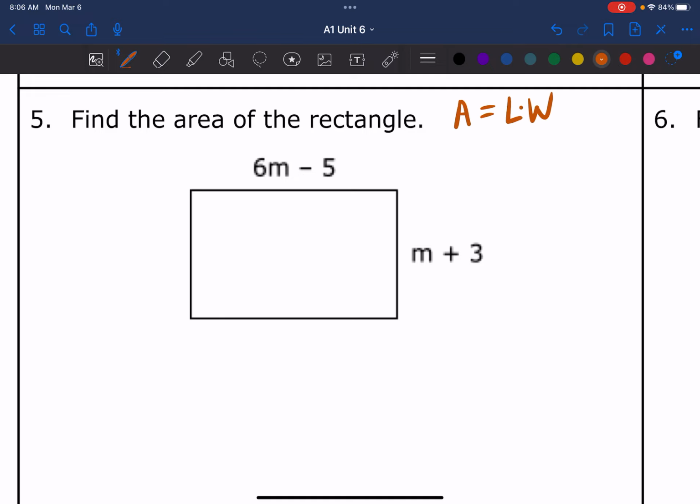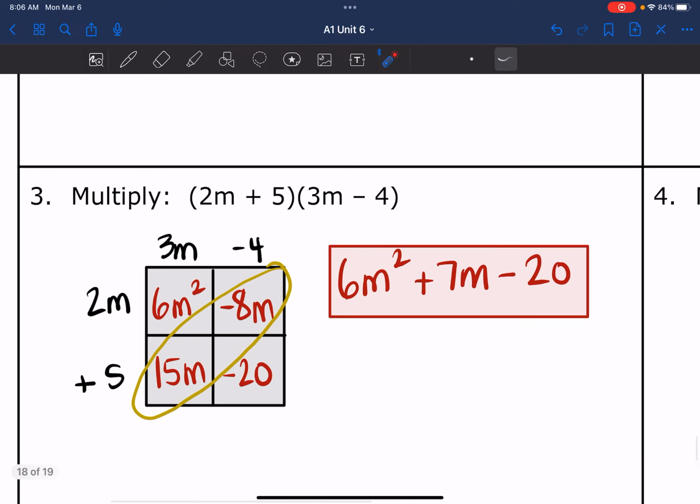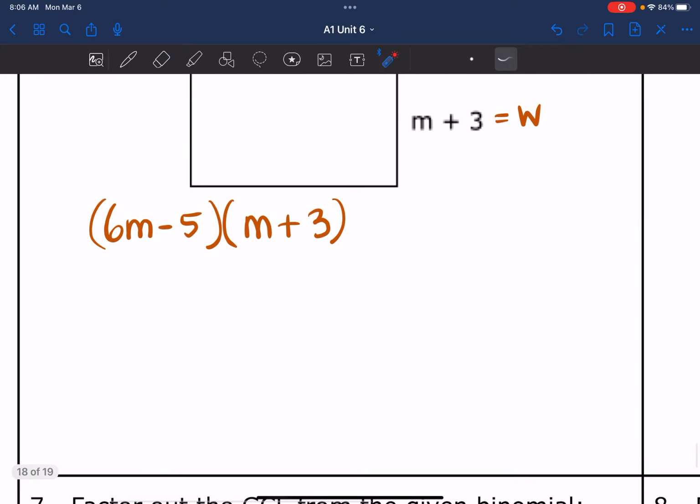So I'll have 6m minus 5 times m plus 3. I'm getting those measurements from here, 6m minus 5, m plus 3. So it's exactly like this one here. We could use box method again if you would like, but just to show y'all different methods, I'm going to use double distribution. So we're going to take this first term, 6m, and write it.